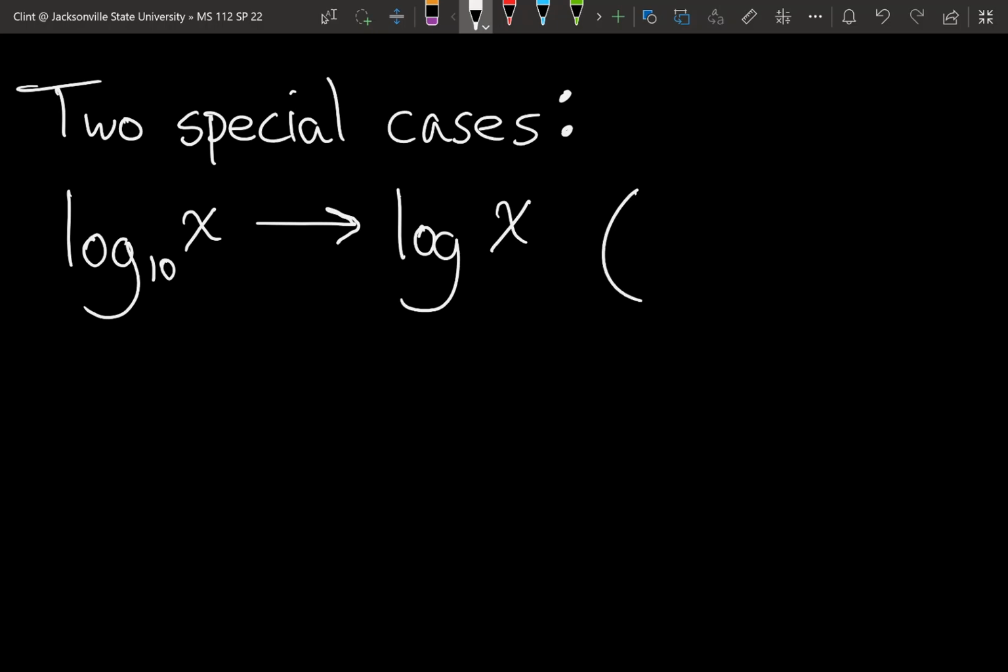With logarithm, if your base is 10, you don't have to write the 10 down there. And that logarithm, base 10, is called the common logarithm. The only reason why that one's special is because the numbers that we use day to day are base 10.